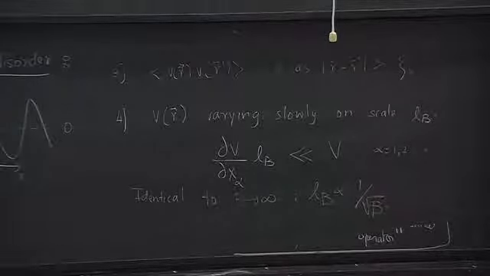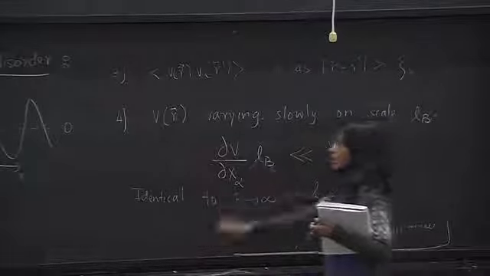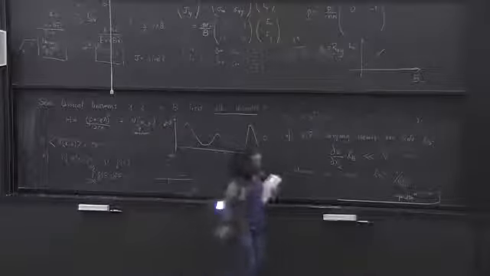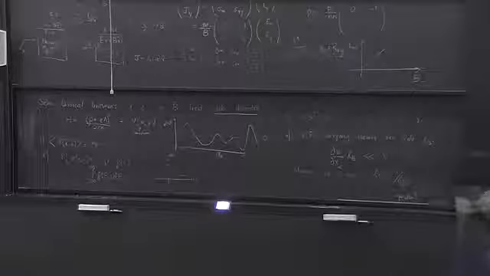Okay, so now that we've set up what this random potential looks like, how can we solve this problem? What can we say about the eigenfunctions of that Hamiltonian?